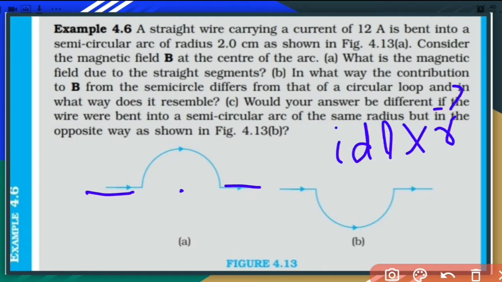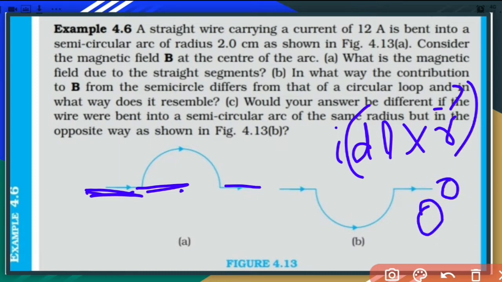Here I dl comes along this direction and r along the same direction. So the angle between I dl and r will be 0 degree.